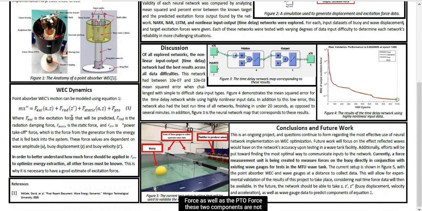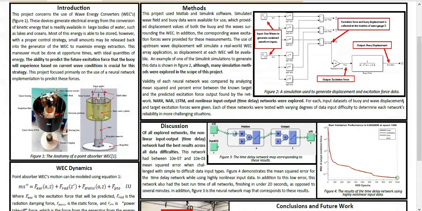The radiation damping and the static force are not very difficult to find, but the excitation force is rather tricky and requires some complex calculations, and even measuring it is quite difficult. So if we want to know what we have to do to the PTO force, we really need to know this excitation force in order to optimize energy extraction.